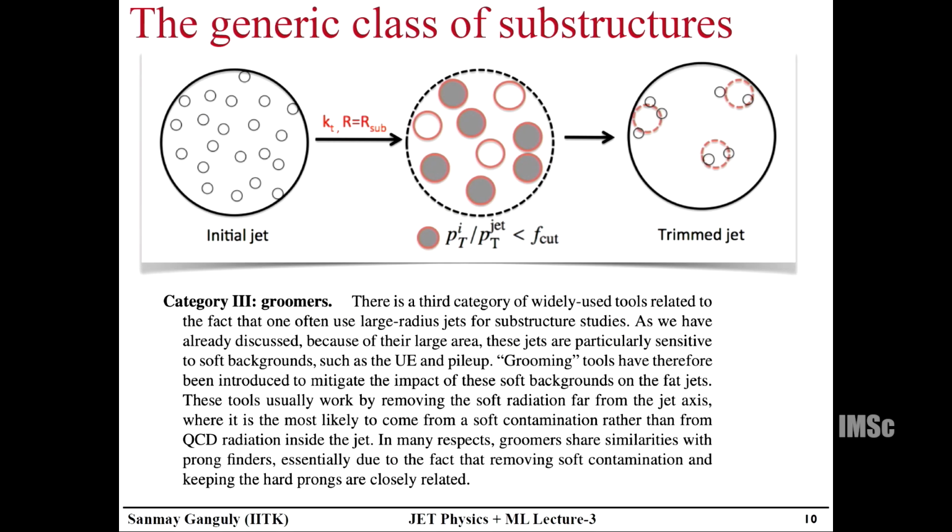Okay, we covered this, and this is what we will again be talking about, the general class of filtering methods: trimming, pruning, generally called grooming. So what's the idea? There is a large radius jet, and you have its constituents, which are a mixture of genuine hard particle radiation and also contamination from soft particles like pileup, underlying event, and so on.